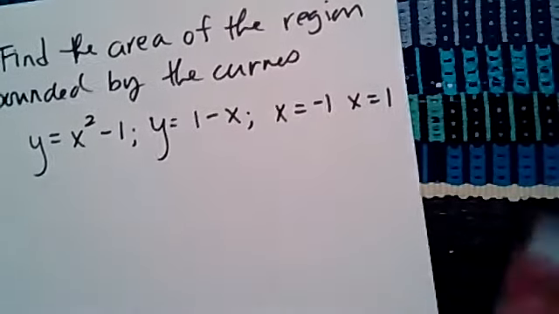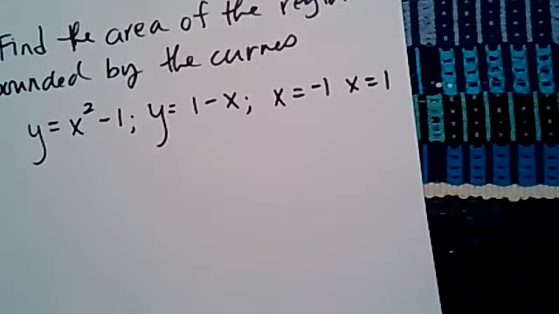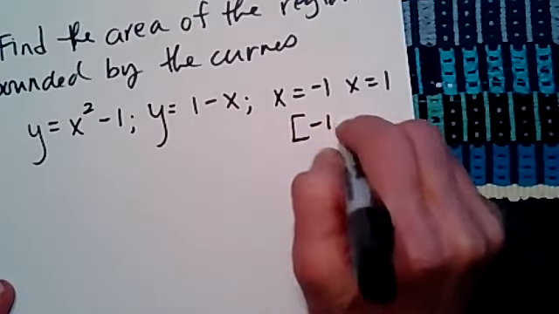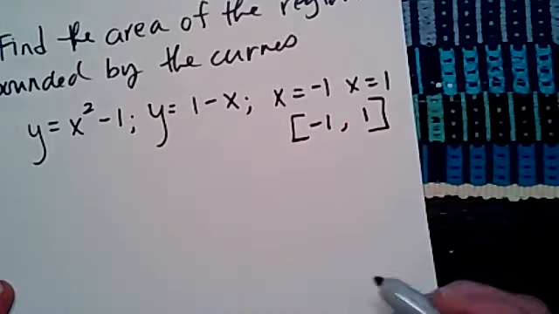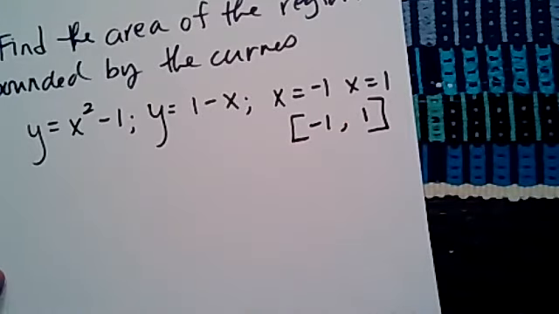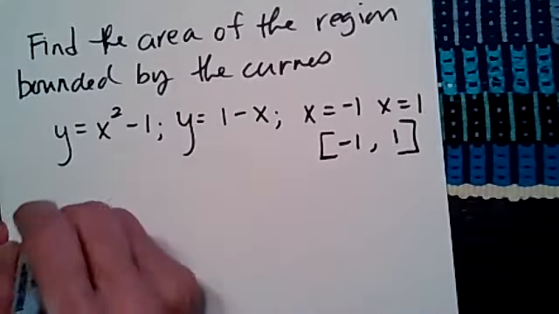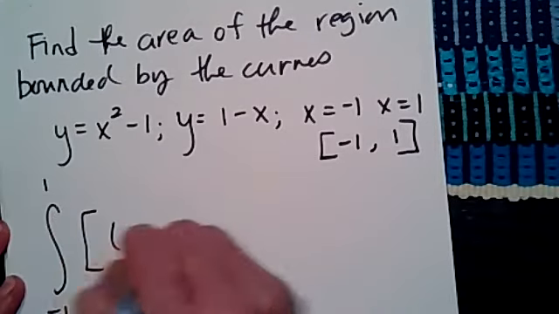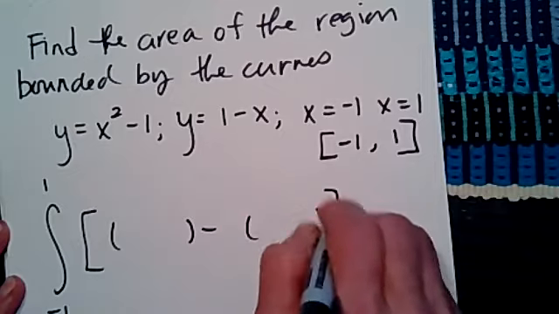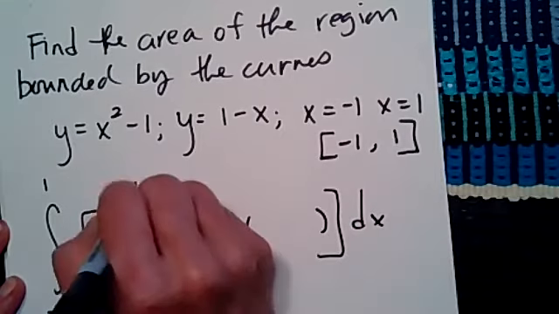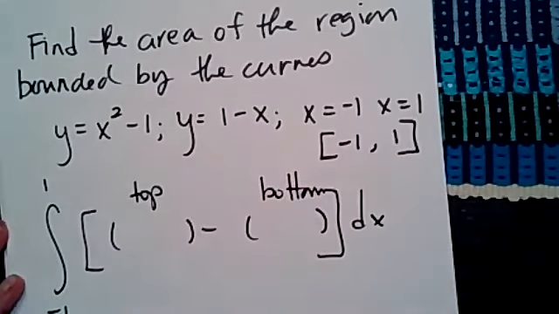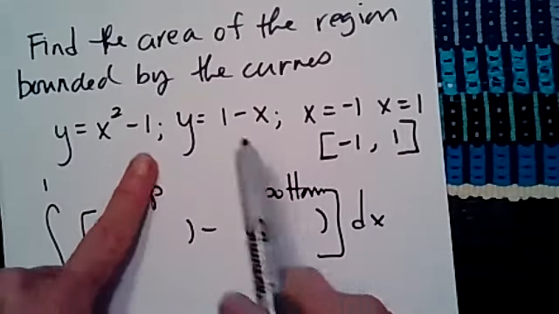Let's say I'm looking at the graph of these two curves. Here are my x's. This is the same thing as from -1 to 1. They're just asking in a different way. So if we have two curves, it's going to be the integral from -1 to 1 of the top curve minus the bottom curve, always. I will tell you this, one of these is on top and one of them is on bottom.